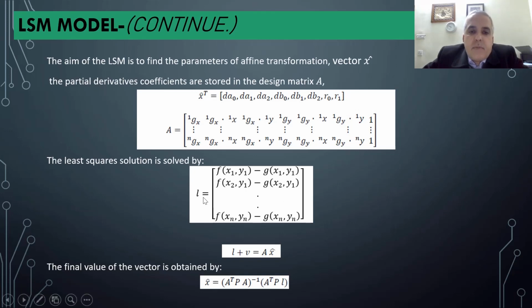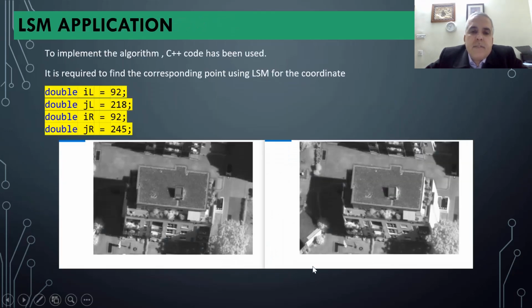And the least square solution for L will represent the difference between the first pixel on the left image and the first pixel on the right or search window. By representing the above equation in the least square, we will get, as you can see here, L plus the residual equal to A times x, and x prime, the affine transformation and radiometric intensity and contrast value, will be obtained by this equation.